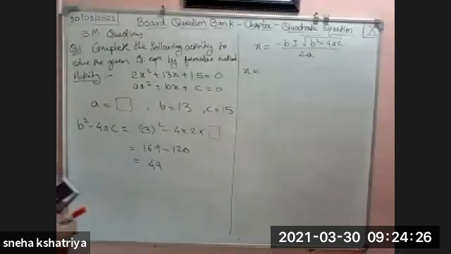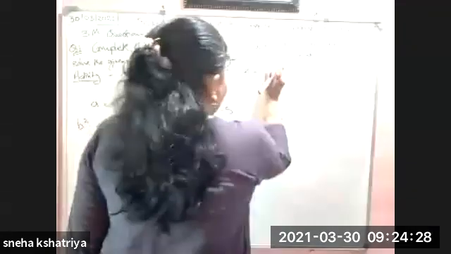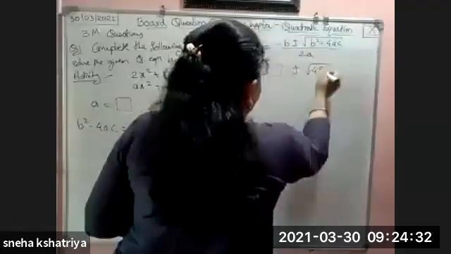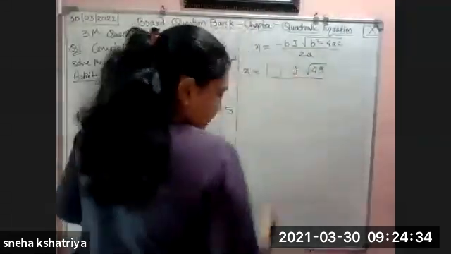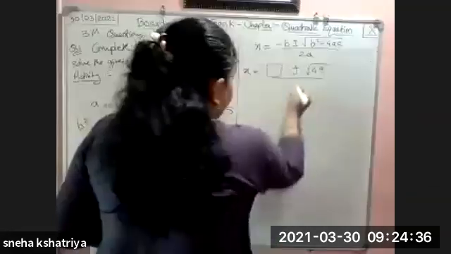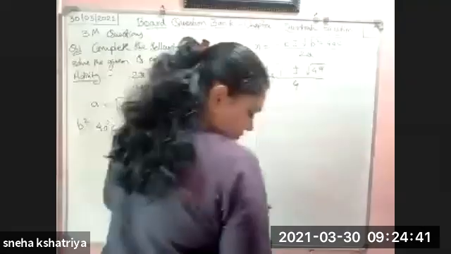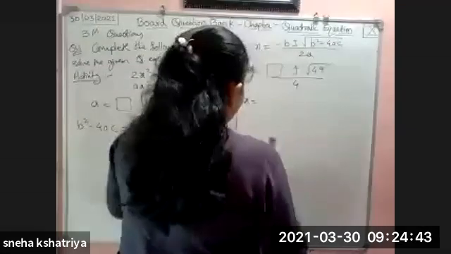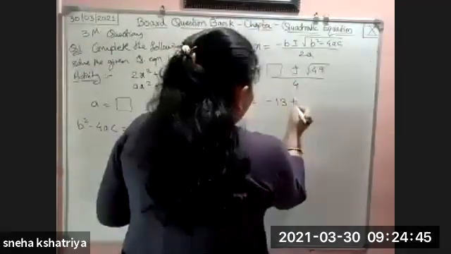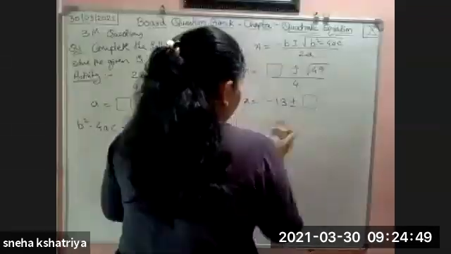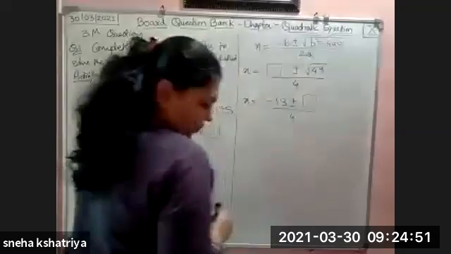First box is given, then plus or minus under root of 49, divided by 4. x is equal to minus 13 plus or minus, here a box is given, divided by 4.